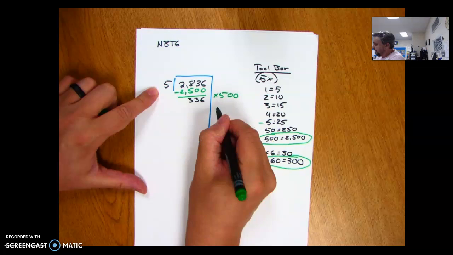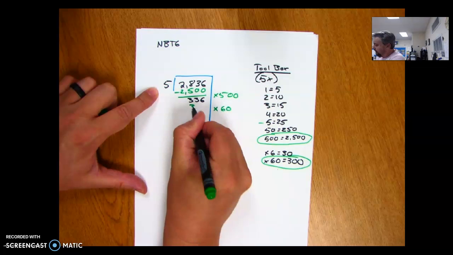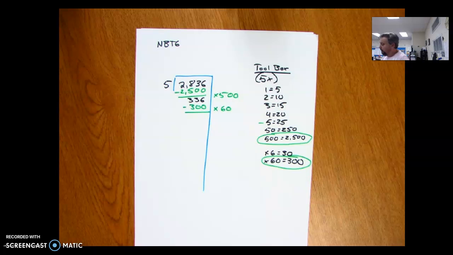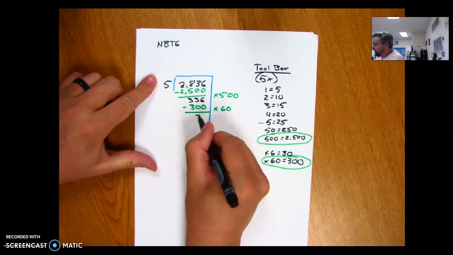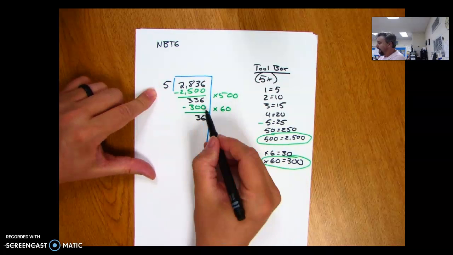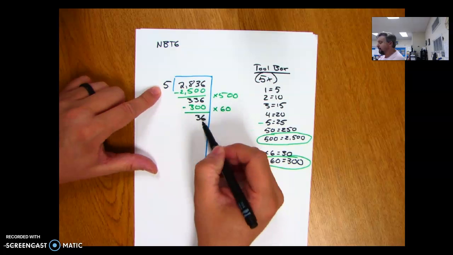I'll subtract that out, and my remainder is 36, which is still larger than my divisor.